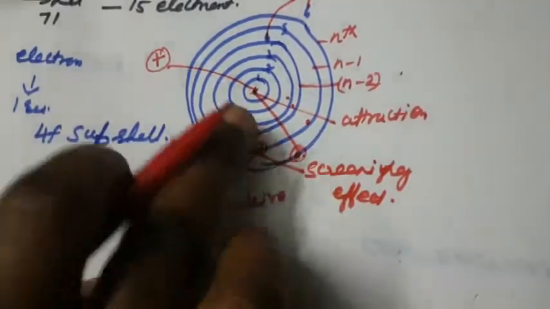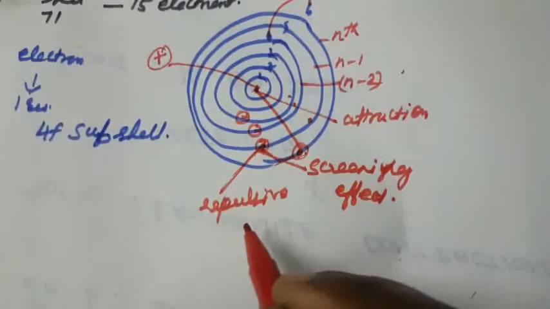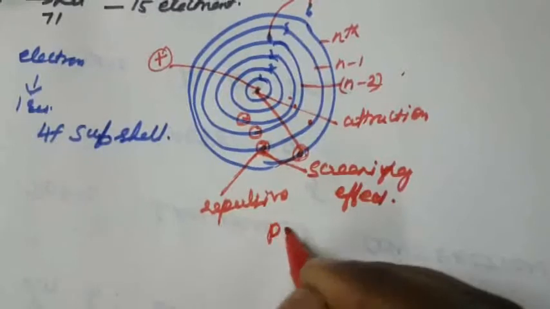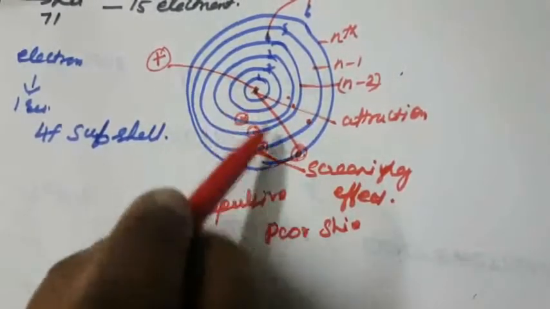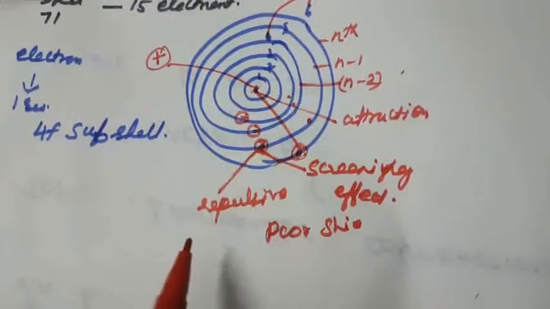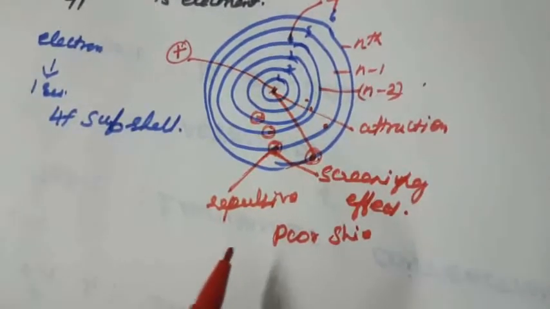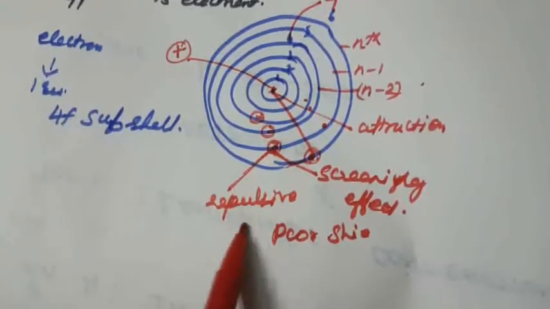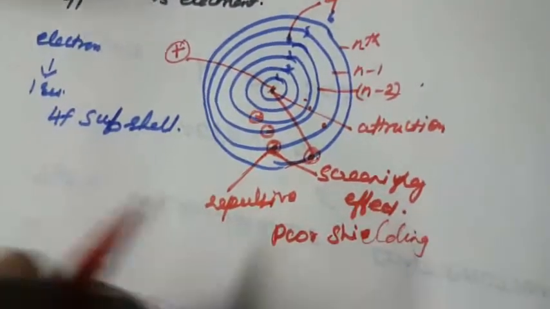So the 4f orbitals are poor at shielding. That is the reason the 4f orbitals are poor shielders, so the outer electrons are easily attracted towards the nucleus. The remaining s, p and d orbitals have a greater shielding effect, but compared to them, the f orbitals have a poor shielding effect.